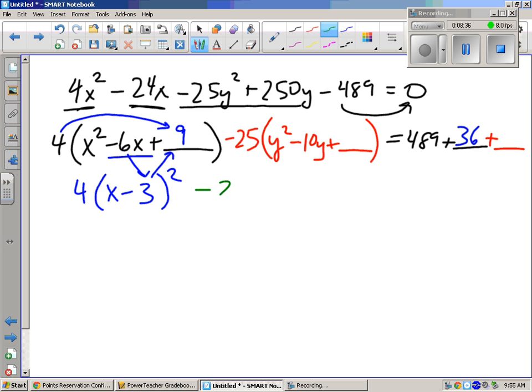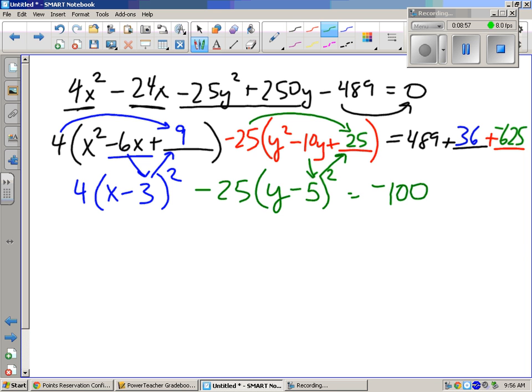All right, next, the negative 25. This is y, cut this in half, square it to get 25, but we're really adding negative 25 times 25, which is negative 625. All right, adding all the right side up, I get negative 100. All right, another little quirky thing coming up here.